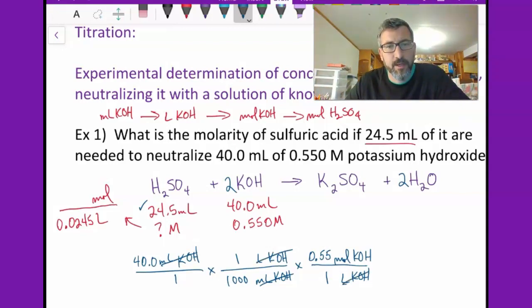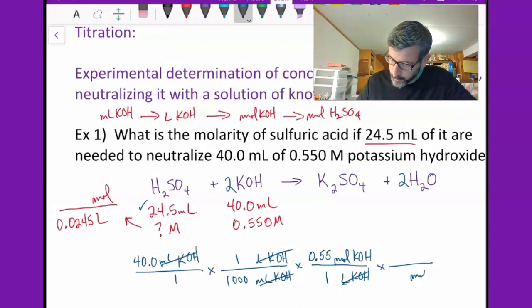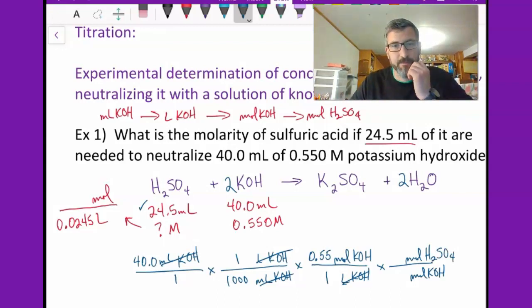And then from moles of KOH, it's just simple. This is where the balanced equation comes in, right? So from moles of KOH, I'm going to go to moles of sulfuric acid. And from the balanced equation, it looks like that is a 1:2 ratio.